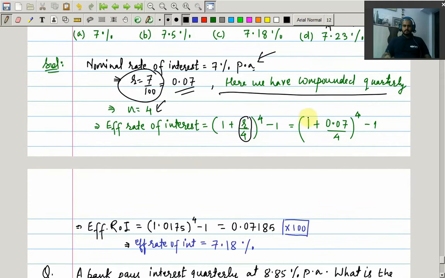Let's look at the calculations. Power 4 is okay. The final thing is to multiply by 100. So 7.18% is the answer. C is the correct option.